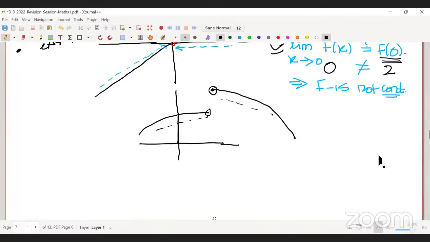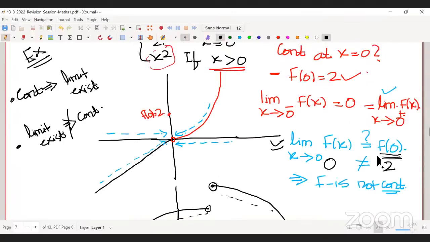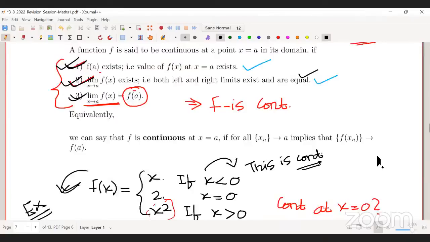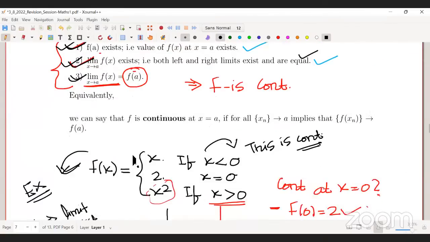So what does the last line mean in the previous slide? Okay, this is another way of checking continuity. It is slightly tricky, that's why I didn't explain this.